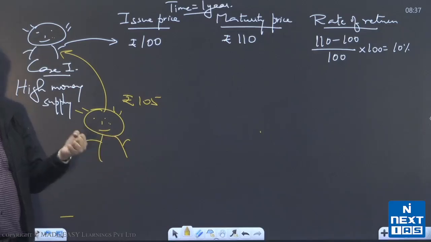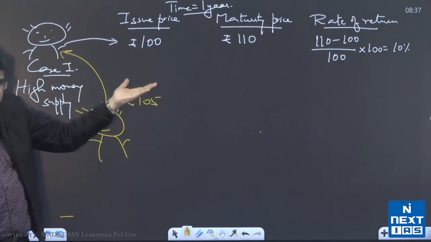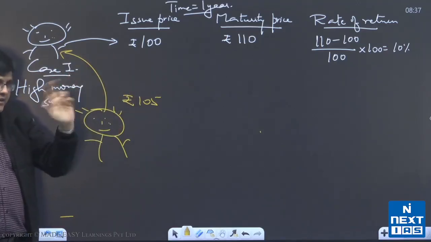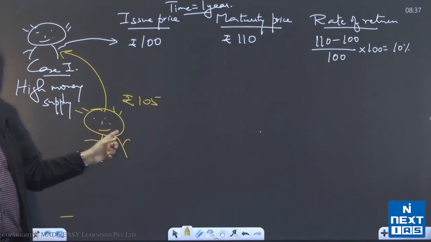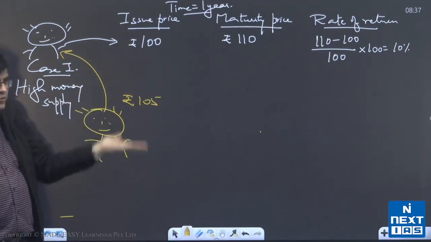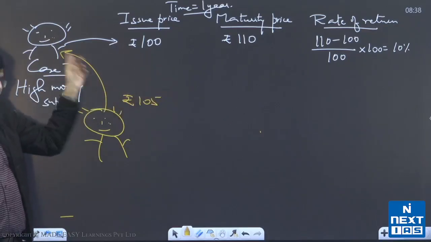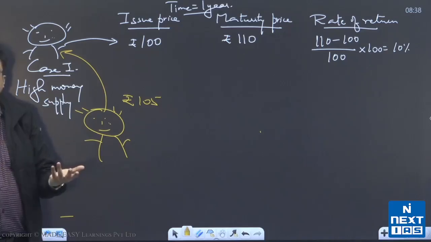This person has enough money in the hand, and is expecting that maybe the bond price can rise further in future. So I can take the risk. The person is speculating for a hike in bond price and purchasing the bond. इनको लग रहा है 100 रुपीस के ऊपर जाने वाला है वैल्यू बॉन्ड का. इनको लग रहा है 100 रुपीस के नीचे भी जा सकता है, तो ये कहते हैं चलो 105 का तुम खरीद लो. That is how transactions take place in financial market.